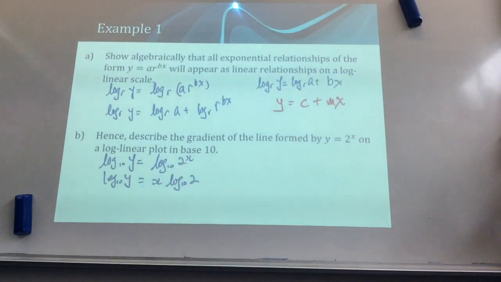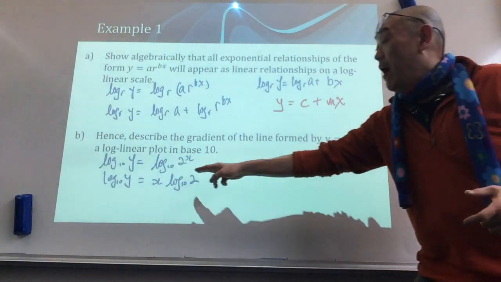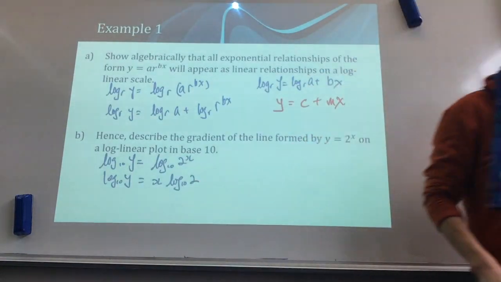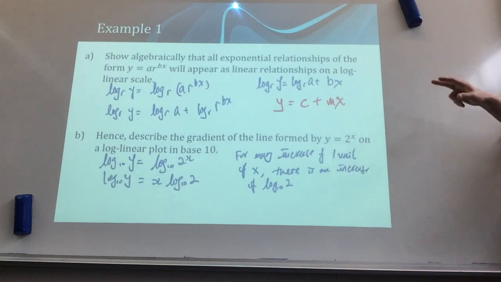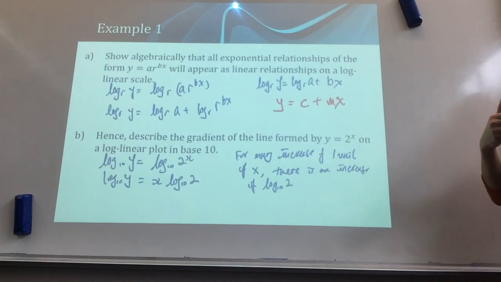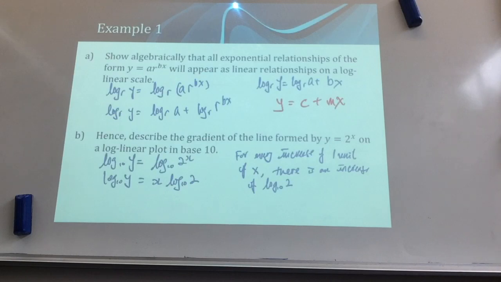And what is log of 2? It's a constant. It's a gradient. Correct? So in this context, what it is saying is that for every increase of x, there's an increase of log of 2. That's all. It's just a matter of interpreting it in context.